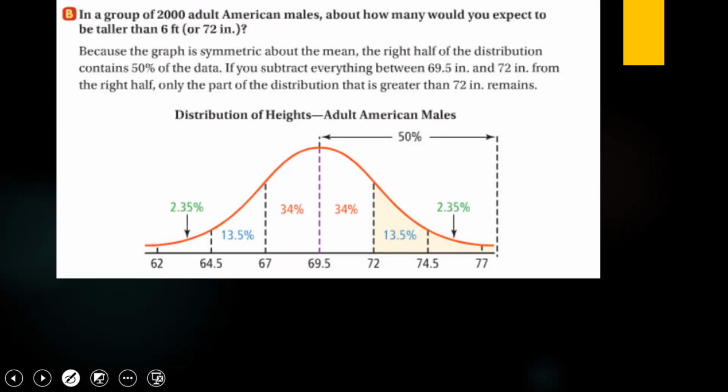I want now less than 72. It's 50%. Now we're going to count everything below 72. So what's the final answer?